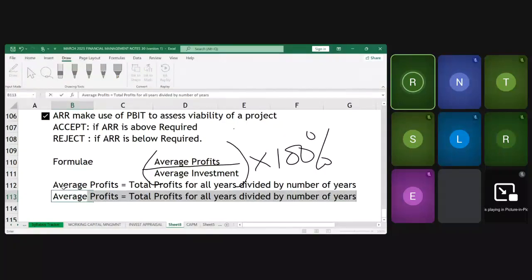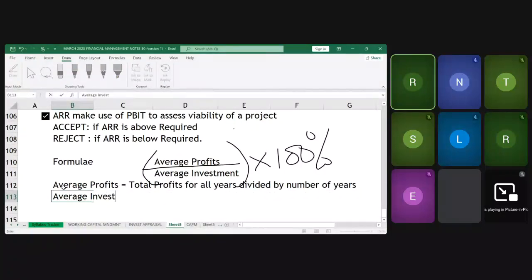Average investment is equal to initial investment plus scrap, then divided by 2.